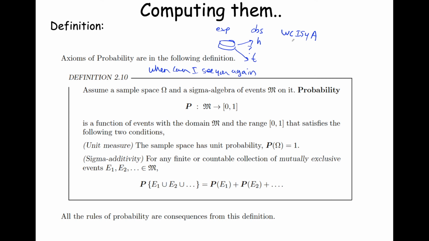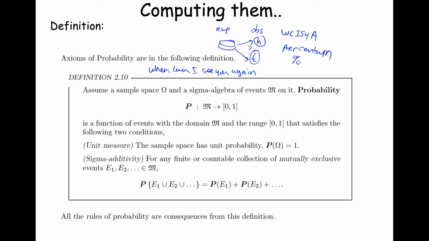With this "when can I see you again," we said it describes the proportion, per centum, or the percent, corresponding to the proportion of times that we're going to see a particular outcome, in this case the heads or the tails.